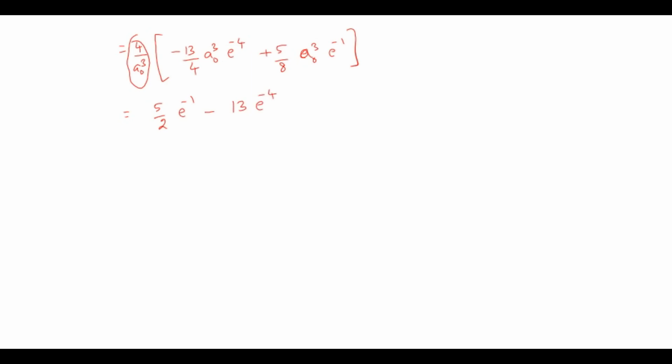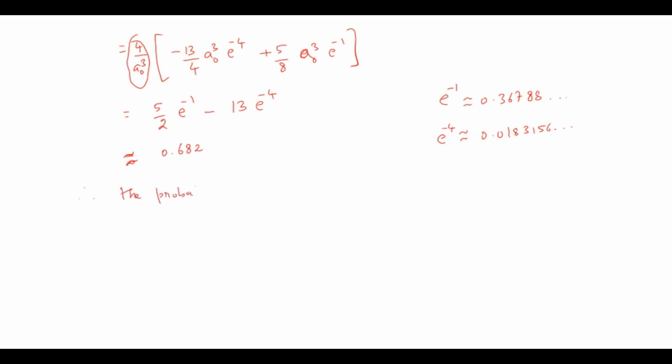So e power minus 1 is approximately equal to 0.3678 something like that, and e power minus 4 is approximately equal to 0.0183, something like 156, something like that. So when we substitute these values, these are approximately equal to 0.682.